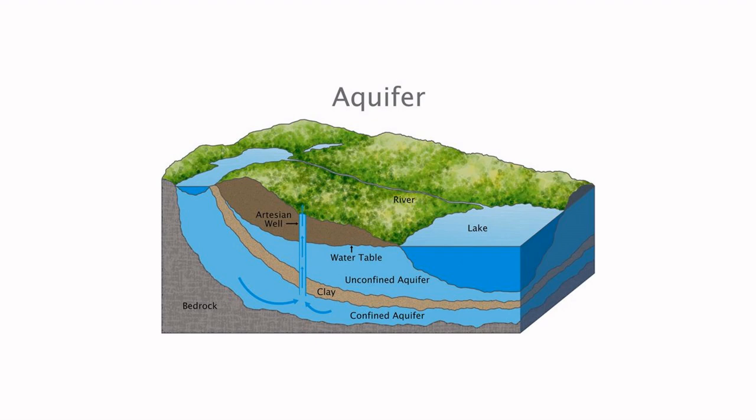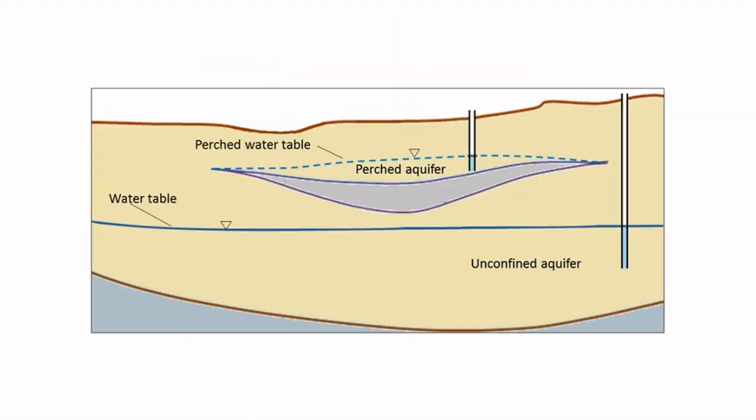In many areas, the first unconfined water encountered is above the general zone of phreatic water. If you look at this, you'll understand clearly. This is a more or less isolated body of water whose position is controlled by the surface, structure, and the stratigraphy. So we call it a perched water table.